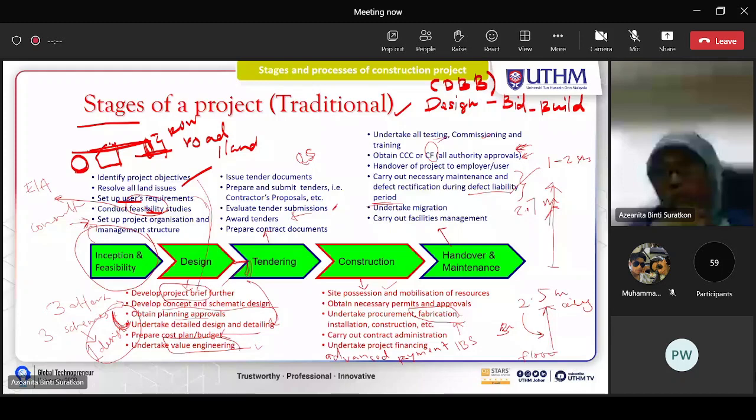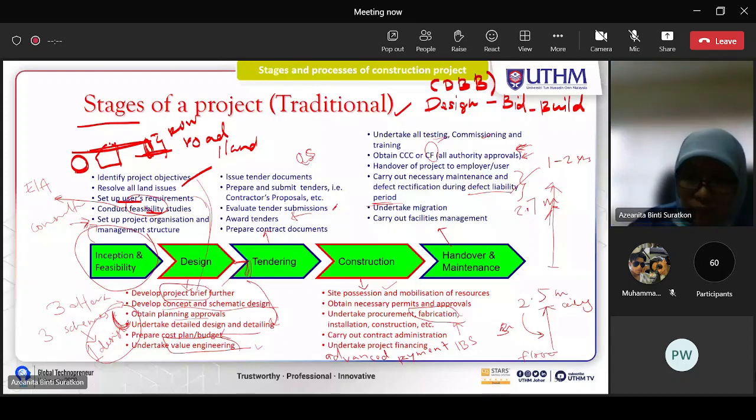So after all this training is complete, especially training the client's personnel on how to run the building, sometimes certain special buildings have certain systems, like a building automation system, so they need to train the owner's personnel. After that, the contractor needs to move out totally and pass it to the client.